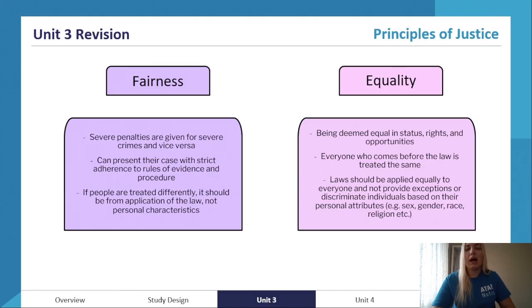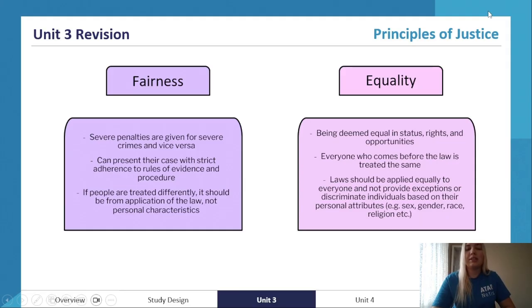So fairness would imply that the degree of punishment or sanction imposed should reflect the gravity of the offense. So, for instance, severe penalties will be given for severe crimes and the other way around, vice versa. Everyone is subject to strict rules of evidence and procedure to ensure that the right to a fair trial is upheld.